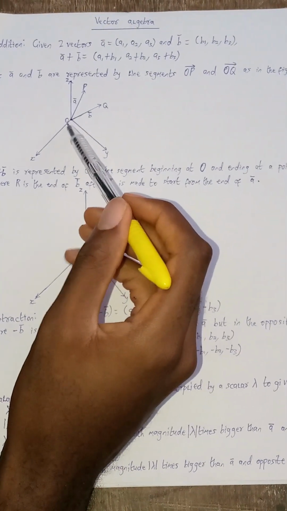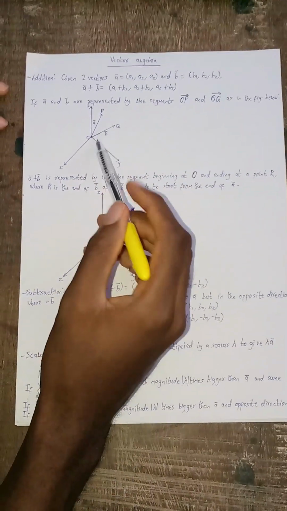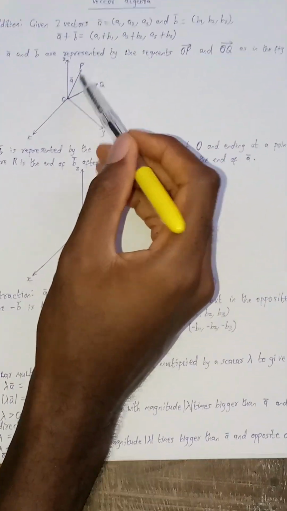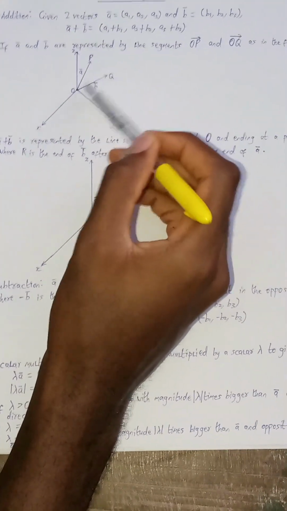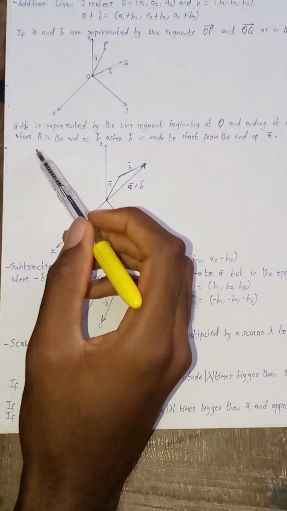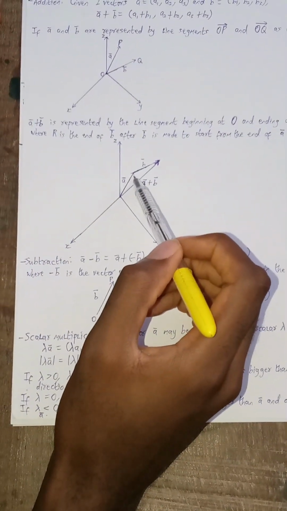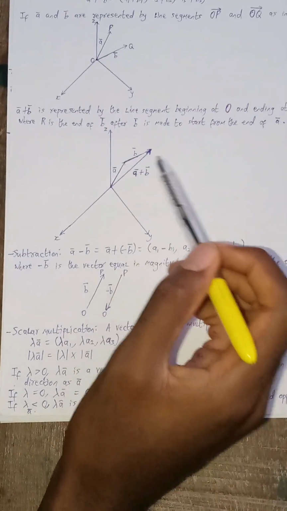Looking at it from the perspective of the line segment representation, we can see that this is vector A, OP. This is vector B, OK. Now, if we want to add them, it's just like the parallelogram law of vectors that we may have seen in physics.